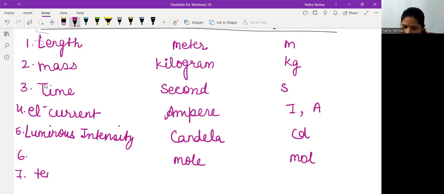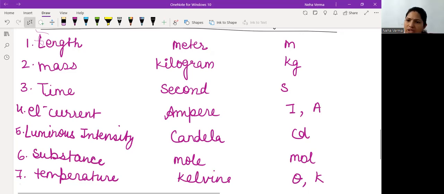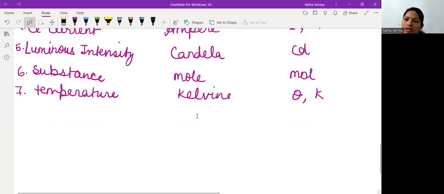And the last one is temperature, measured in Kelvin, shown by either theta or K. So these are the 7 fundamental quantities approved by SI that are taken as international standard.